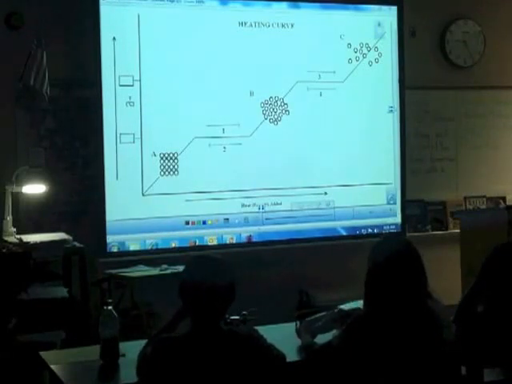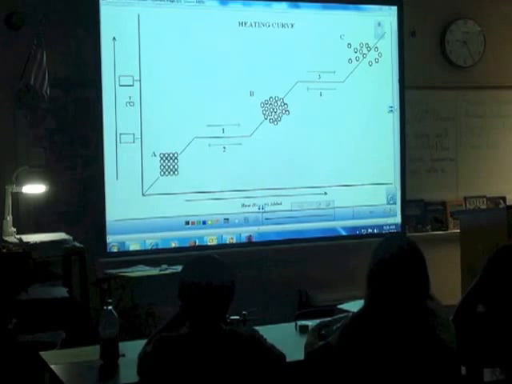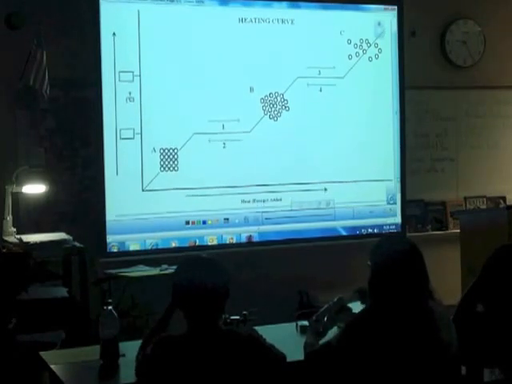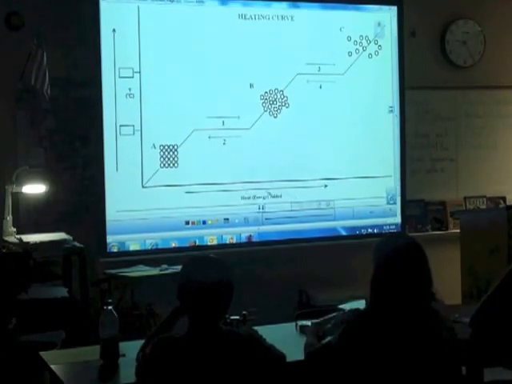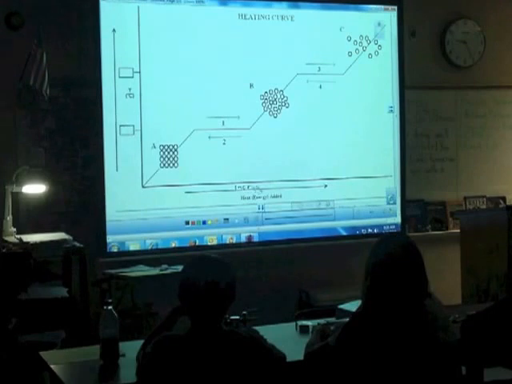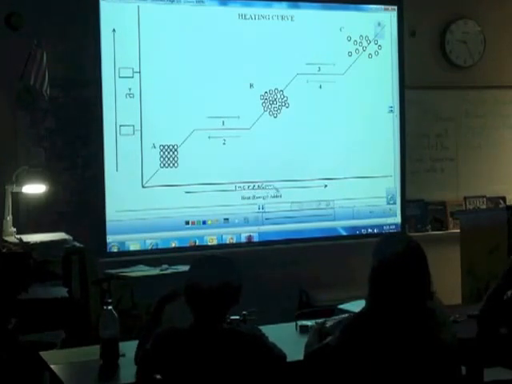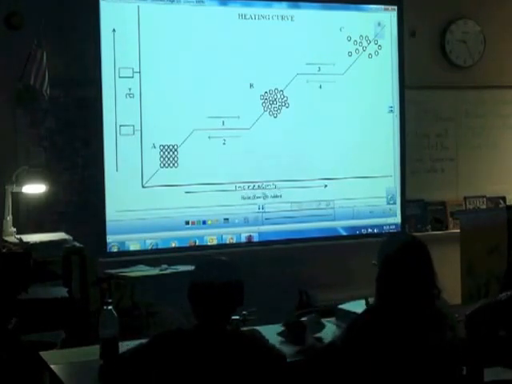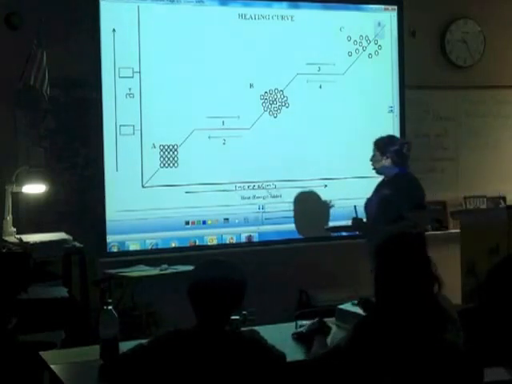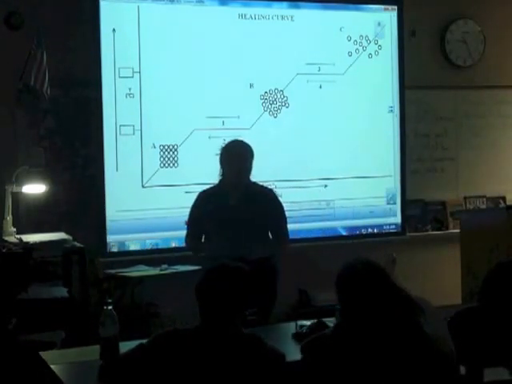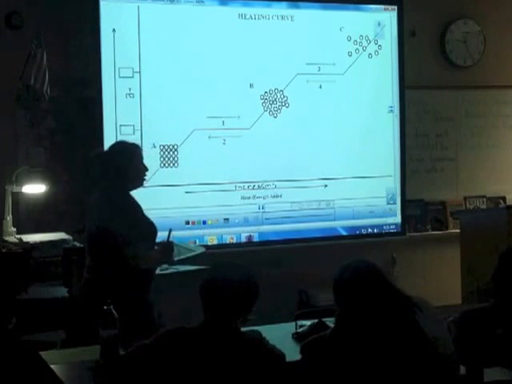Okay, let's go ahead and get started. One of the first things you need to pay attention to is that heat increases from left to right. So you're adding energy, okay? What type of energy is increasing from left to right?